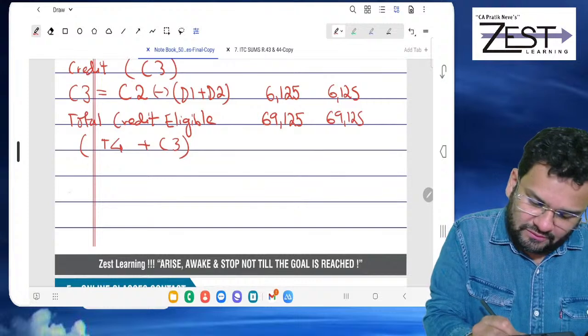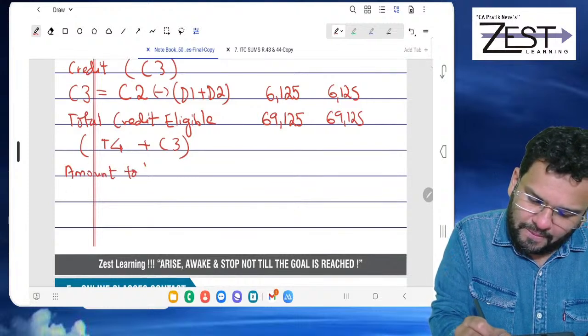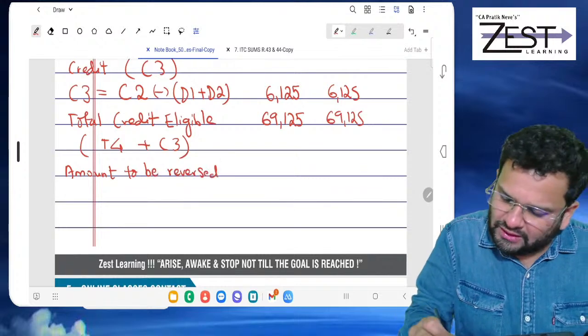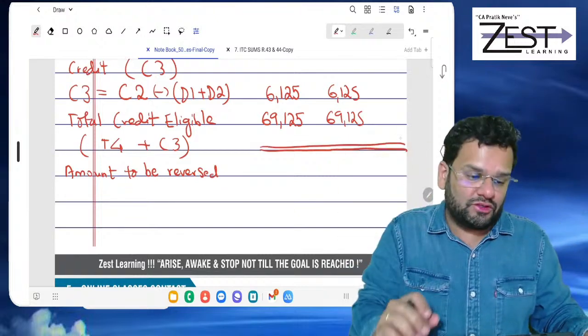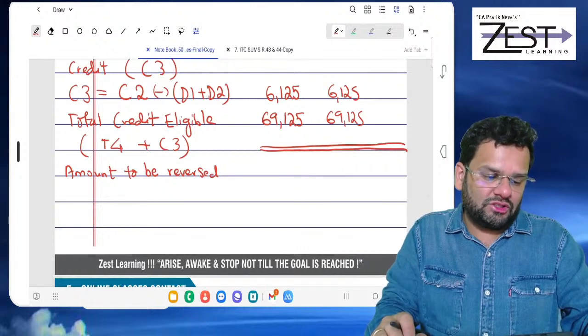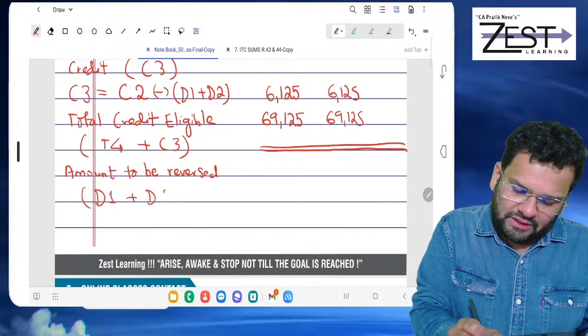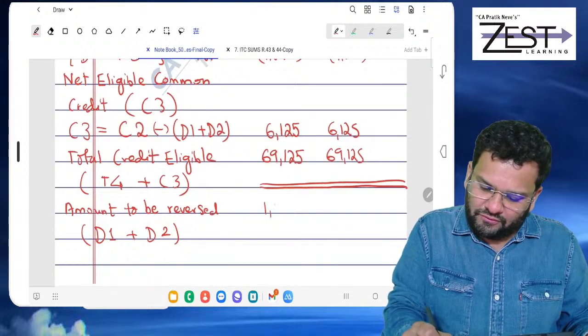So in short, amount to be reversed. You had taken an ITC in the e-credit ledger of 70,500, na? So from 70,500, how much you should reverse? D1 plus D2, that is 1375.